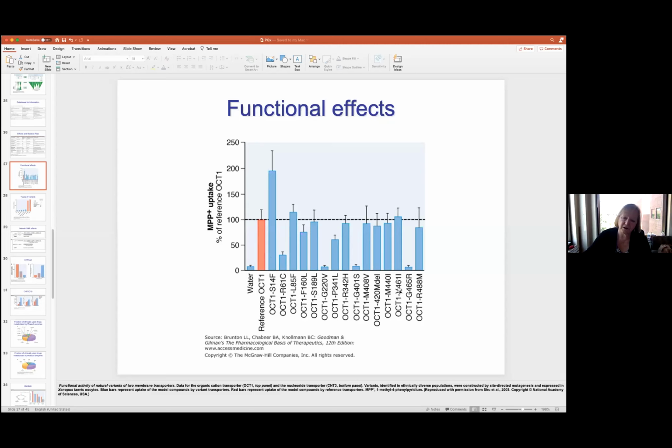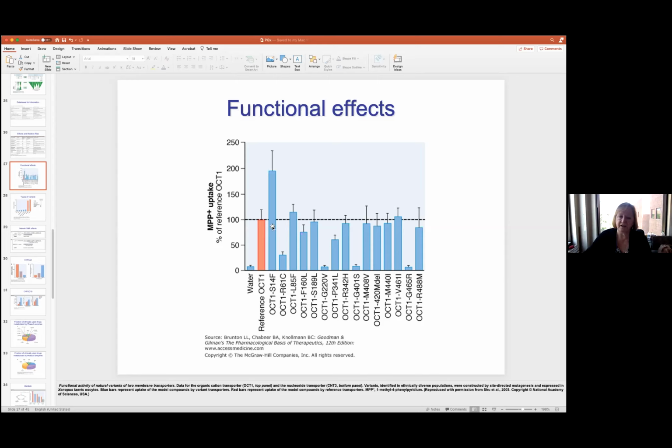In all these cases, we have amino acid changes. Well, here's a deletion mutant, but the rest of these are all amino acid changes. So depending upon the number, this is S14F, a change of the 14th amino acid.